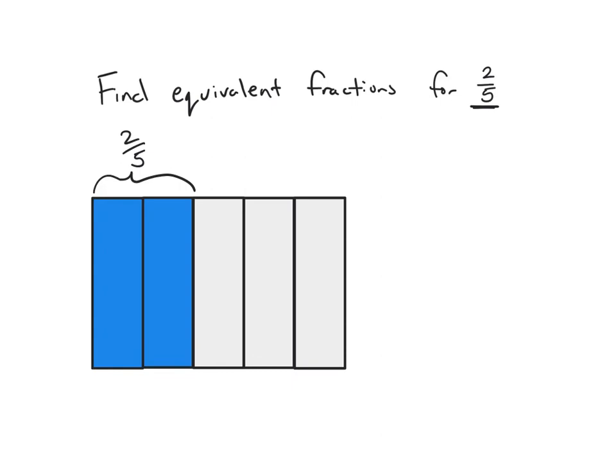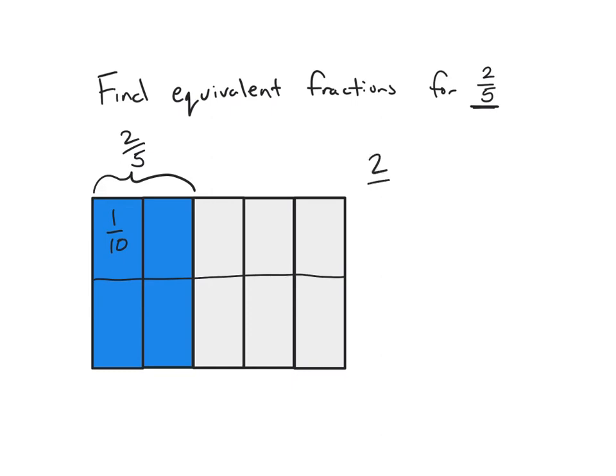Now to find one equivalent fraction, the simplest thing I can do is just cut my area model in half lengthwise here. And now I've created tenths. So each of my unit fractions is now 1/10. If I look at the number of sections that are shaded in, I have 4.